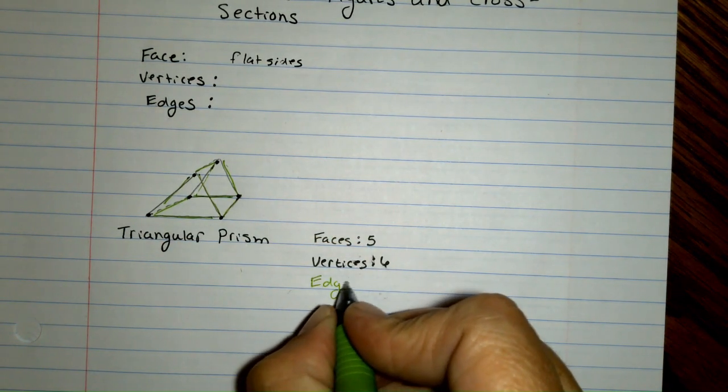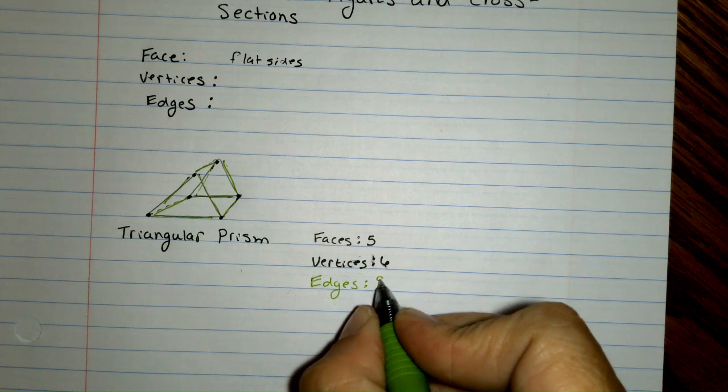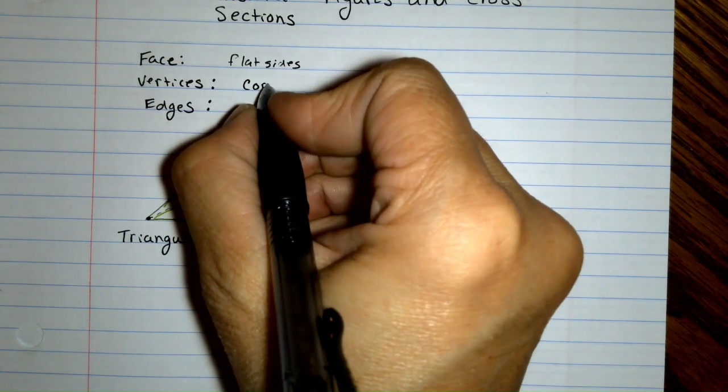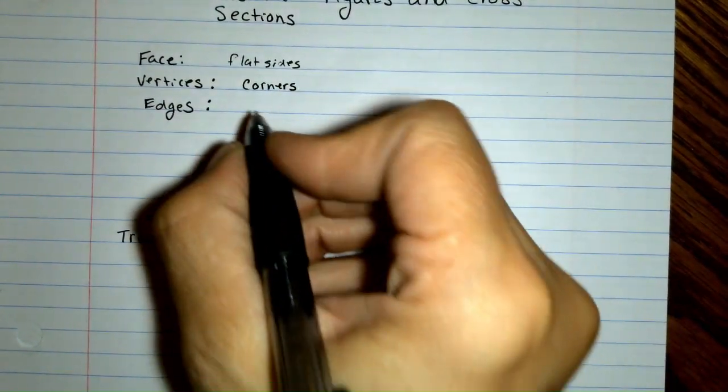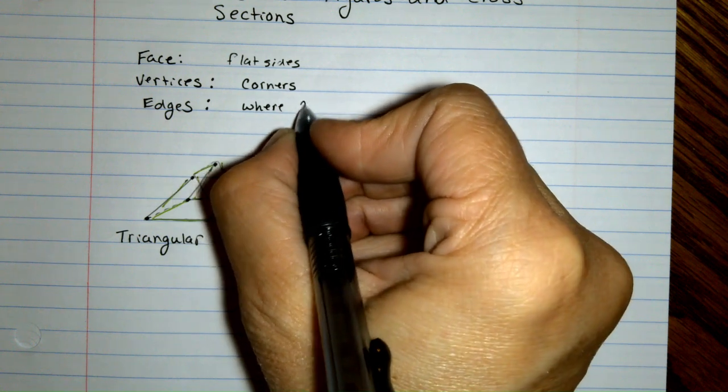And if it helps you to get a transparency, a see-through sheet, and lay it over your book and count it, then that's great. Go ahead. So remember, the vertices are the corners, and the edges are where two faces meet.